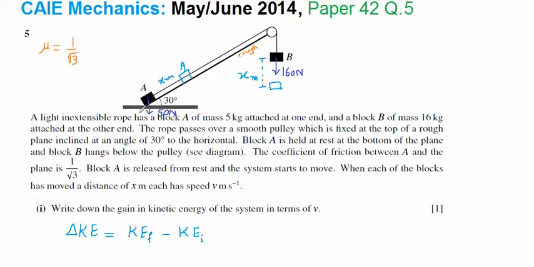So the kinetic energy will be considered only of these two objects. This is equal to the kinetic energy of A plus the kinetic energy of B, the final one, minus the kinetic energy of A plus the kinetic energy of B, initial.